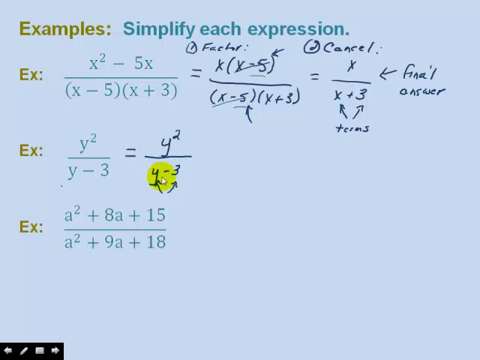They're separated by a minus sign, which makes them terms instead of factors. And that means that we can't cancel either one of them. Even though it looks like maybe we should cancel this y with the y squared up here, we can't because it's only a term. So this one is already as simplified as it can get.